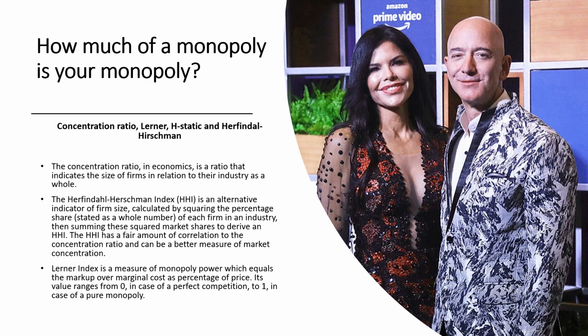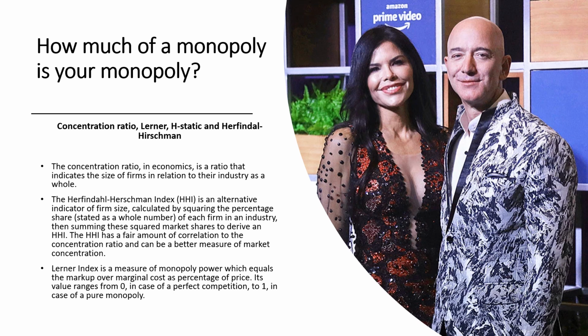The Lerner index is a measure of monopoly power which equals the markup over marginal cost as a percentage of price. That looks at how much, because we've said that monopolies are price makers. While in perfect competition, firms are price takers, the market gives them the price.